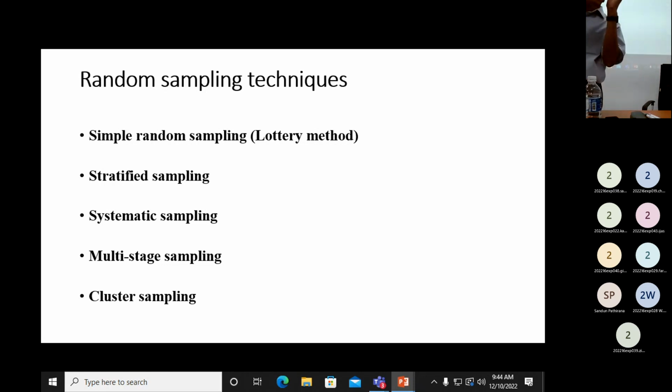Then in the second stage, what are the districts I want to select from the selected provinces? Then you have to decide what are the divisions I want to select from selected districts. Likewise, we are filtering. Then at the final stage, you go to the correct place, or you call interviews from particular areas, then select your sales representatives.